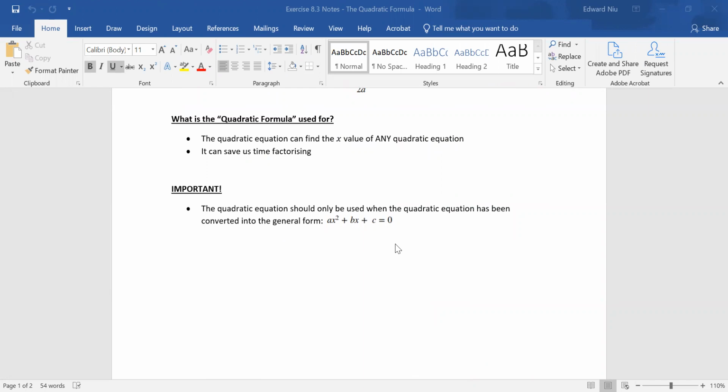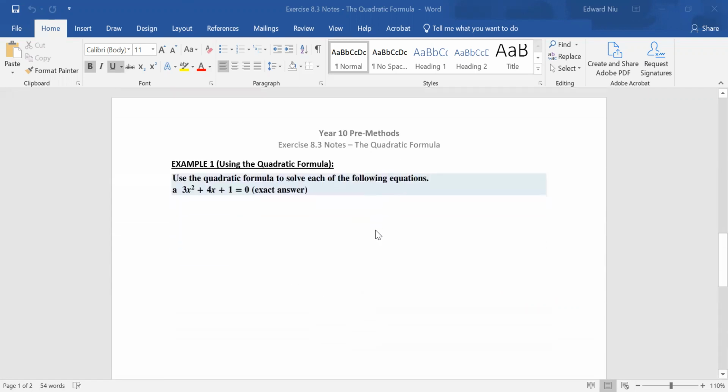Just remember, the quadratic formula can only be used when we have a quadratic equation in the general form ax squared plus bx plus c equals 0. If it doesn't equal 0 and you've got pronumerals on both sides, you need to rearrange your quadratic equation to ax squared plus bx plus c, so you know what the a, b, and c values are when you substitute them into the quadratic formula.